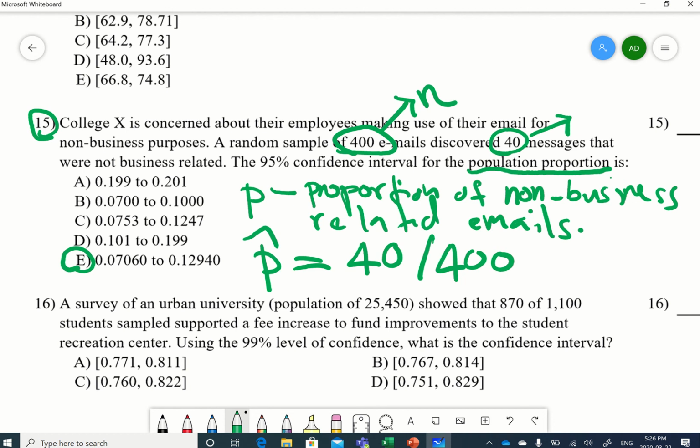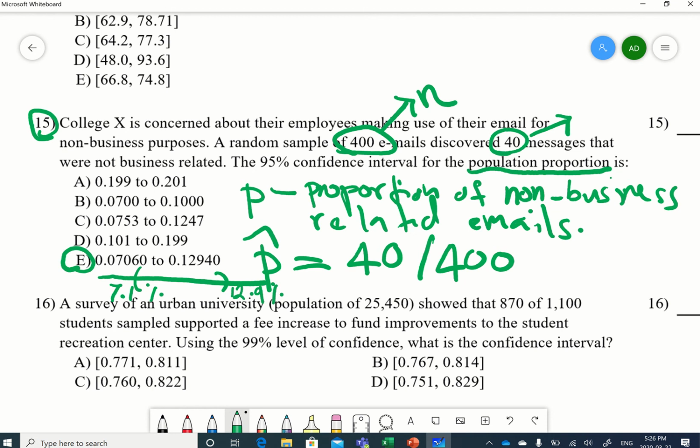So what does this mean? Lower limit is 7.1%. Upper limit is 12.9%, right? So the actual proportion of non-business related emails is between 7.1% and 12.9%.